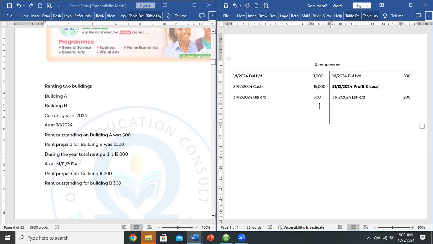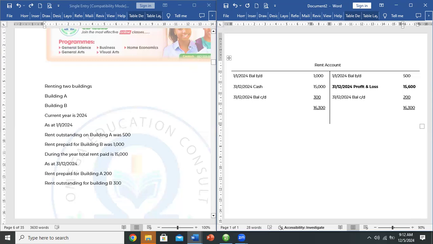Let's do the balancing. I think this side will be 16,300. So when we less the 700 from it, then we'll get 15,000. Professors, assist me with a calculation. Is it 700? 600? 500?